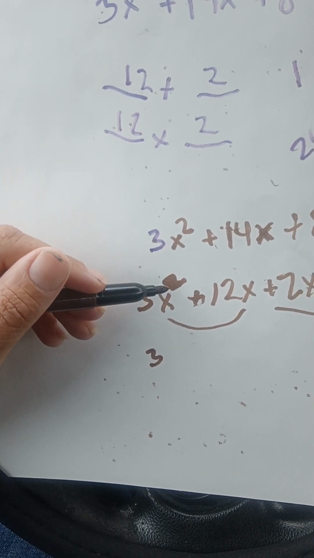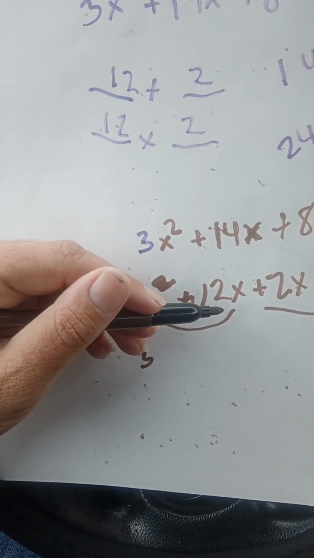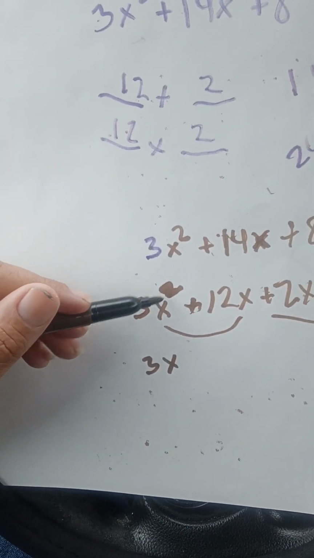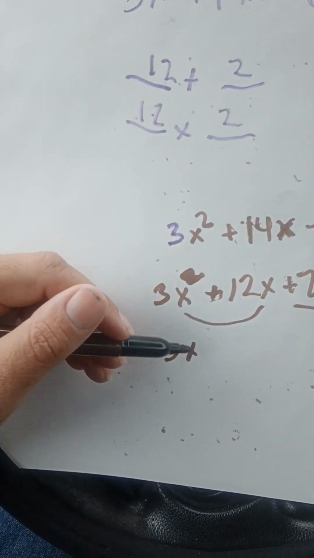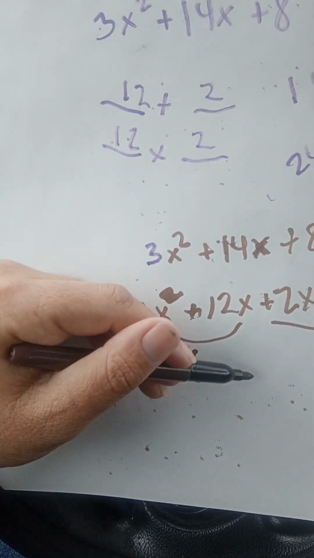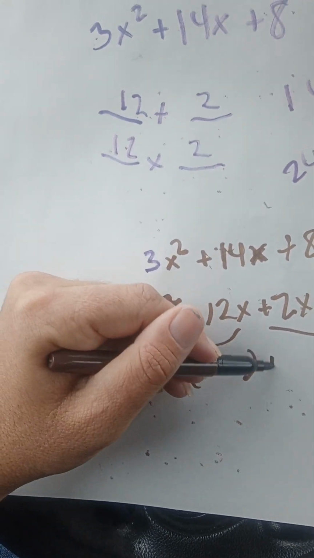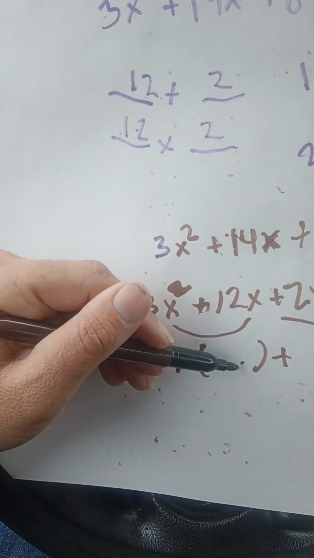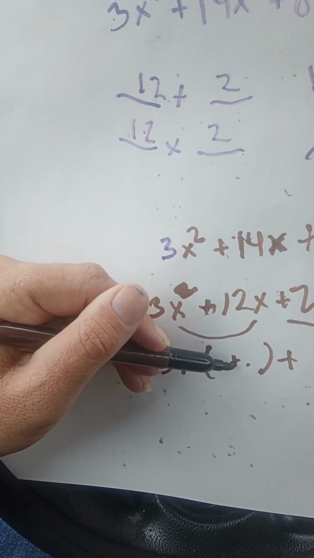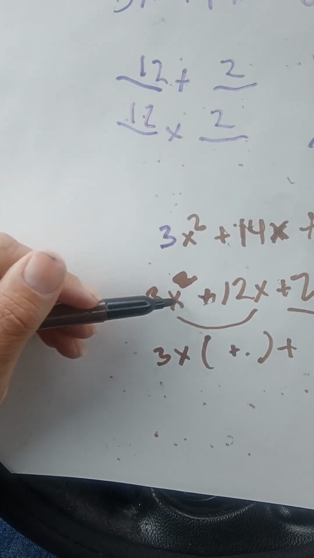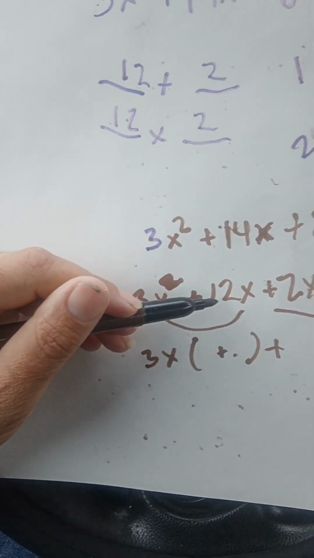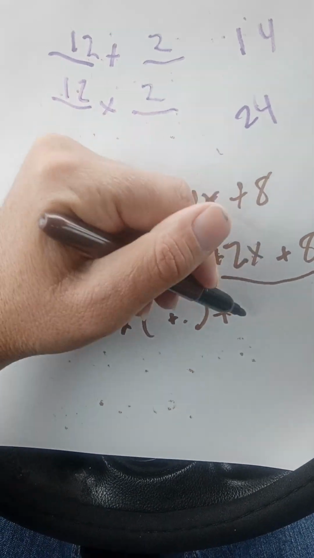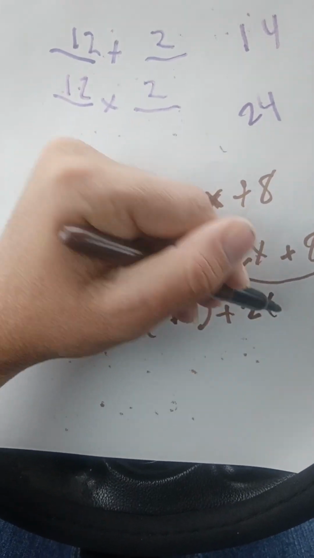X can divide into x squared and into a single x evenly. So I could pull an x out of two x's, and I could pull an x out of one x. That will work. Then we put the parentheses there. When we redistribute 3x to two terms that are being added together, it's going to create 3x squared and 12x. And then what can divide evenly into 2x and 8? 2. So we pull out a 2.